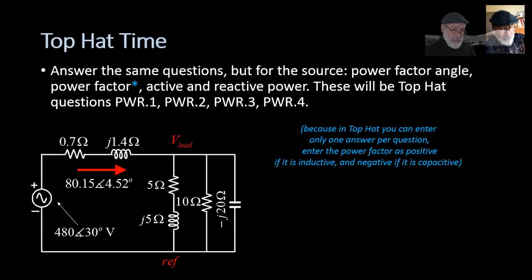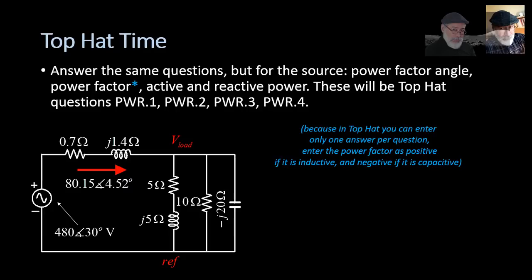And now, for the students in my class, I will ask the same questions but for the source. What is the power factor angle? What is the power factor? Wait a second, because Top Hat allows only one number answer per question. I will allow you to use a notation that is good only for this question. Don't use it out of this question.